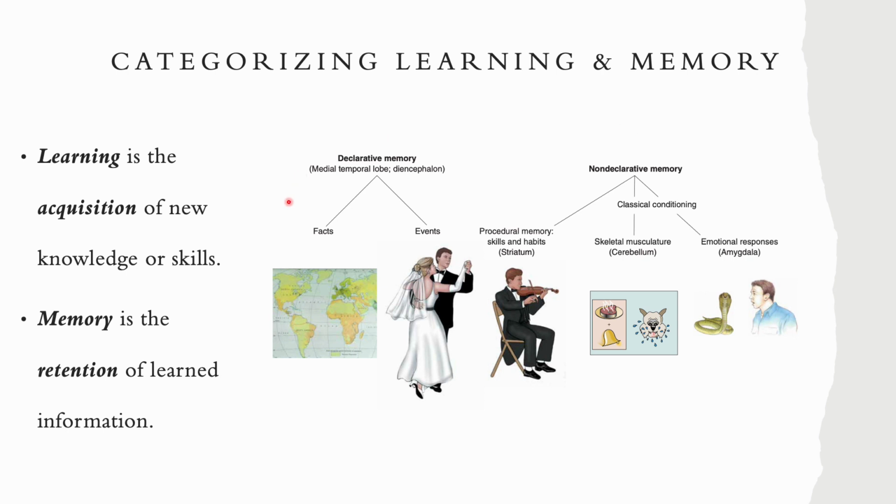We're going to talk about semantic memory, which is the memory of facts, such as geography. We're going to talk about episodic memory, which is the formation of memories like important events in your life, like your wedding. And we're also going to talk about different types of non-declarative memory, including procedural memory, skeletal musculature memory, and emotional responses.